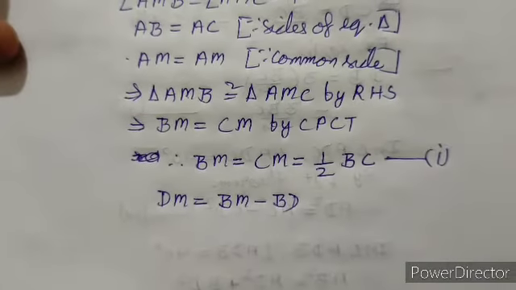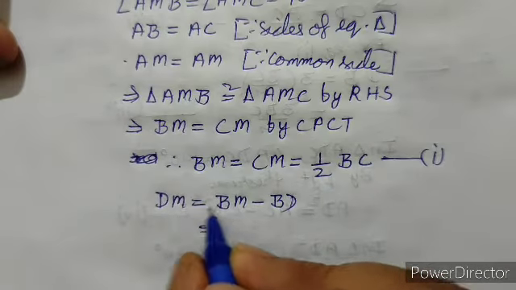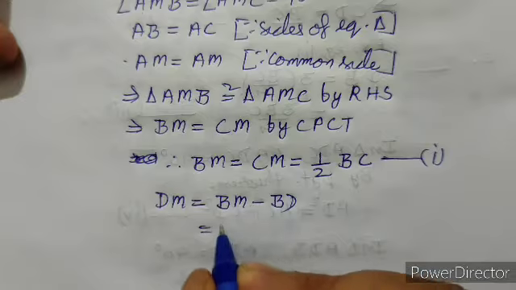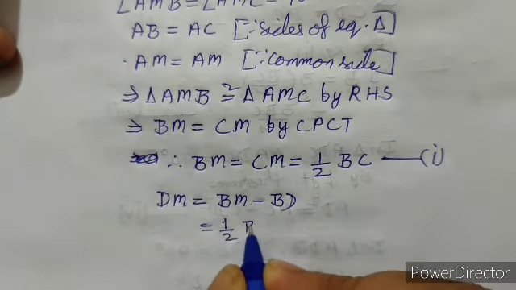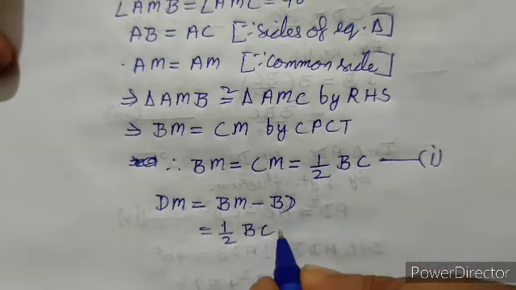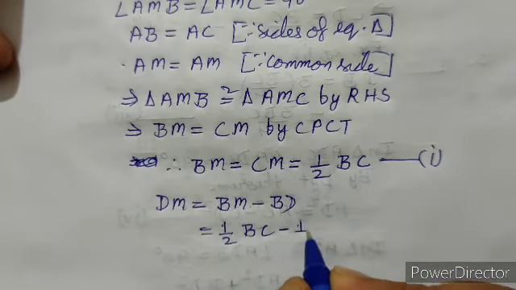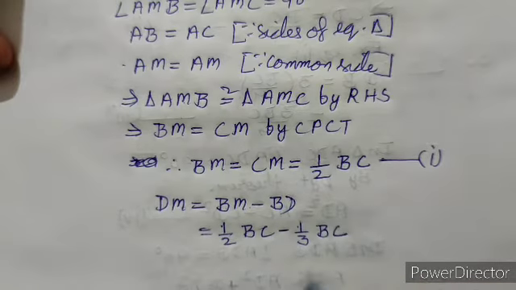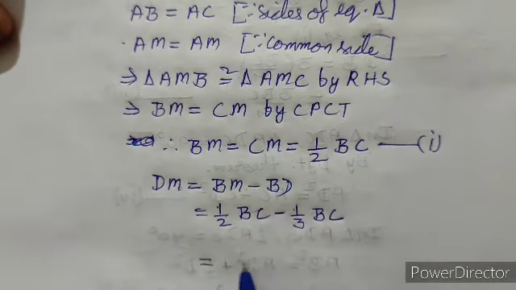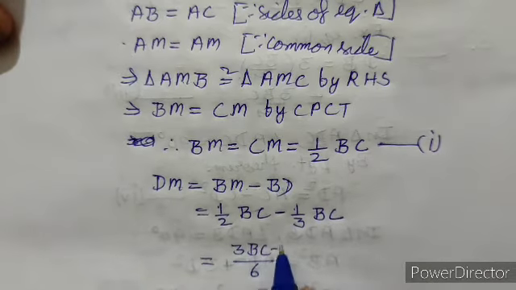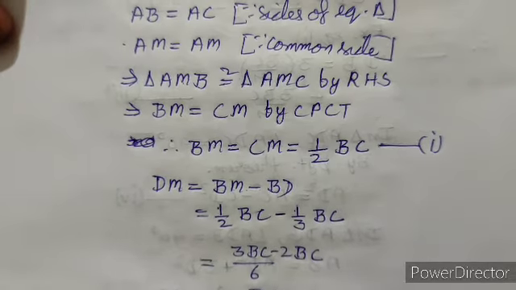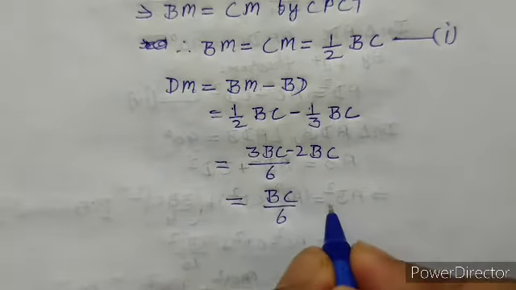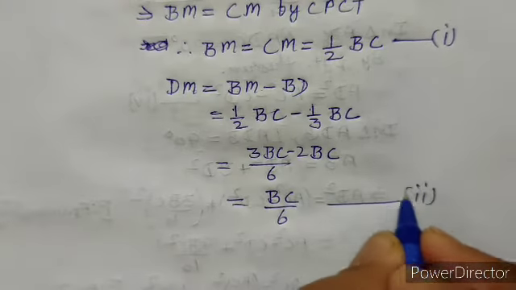So this DM will be BM minus BD, and BM was equal to half of BC in our equation first, and BD was given to us as 1 upon 3 BC, and that will give us 3 BC minus 2 BC upon 6, and that will be BC by 6. So DM is BC by 6.